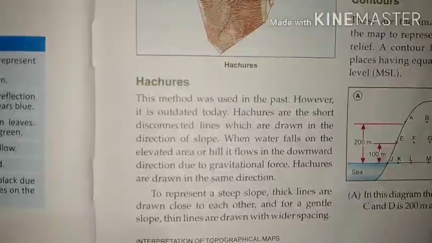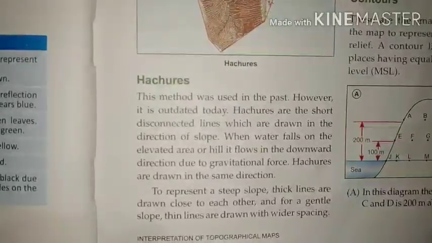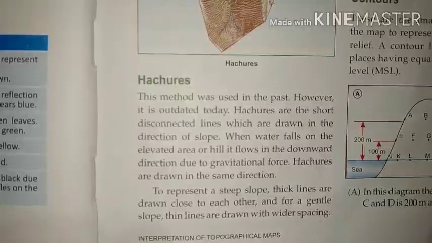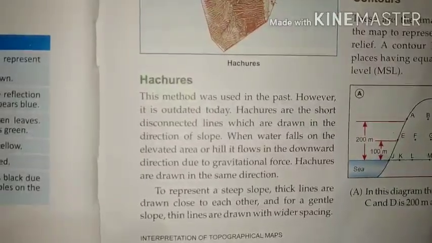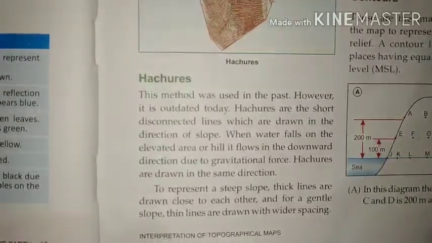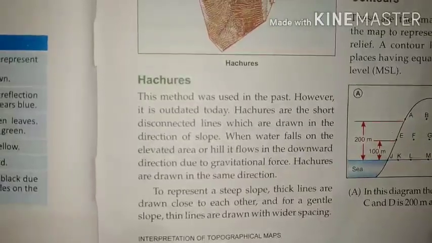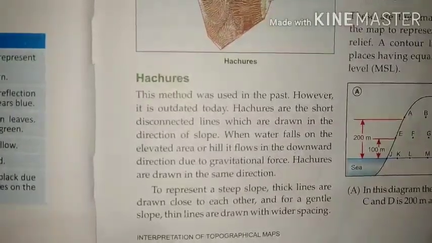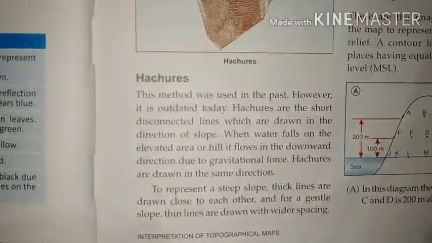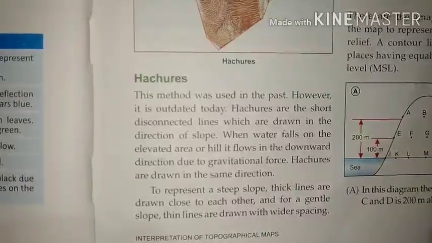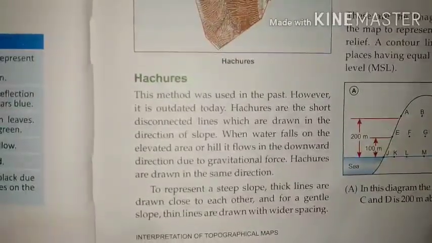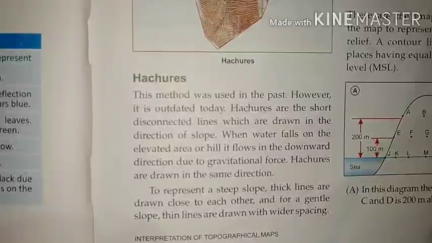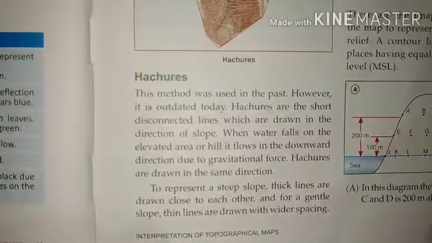If we have to show that slope over the topo sheet, the older method, which today has become outdated, was called Hachures. These were short disconnected lines drawn in the direction of slope.